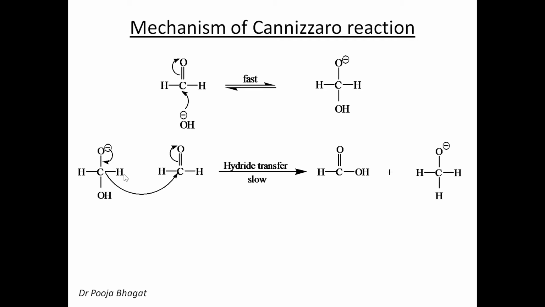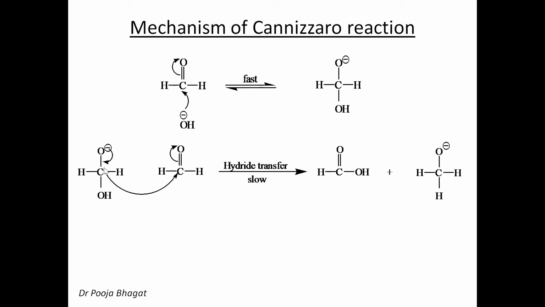So this H negative goes out as a hydride ion, and from this carbon it moves to this carbon, because the hydride is a nucleophile. This is the electrophilic center. So H negative will attack here and the pi electrons will be shifted towards oxygen. So this is hydride transfer from this carbon to this carbon.